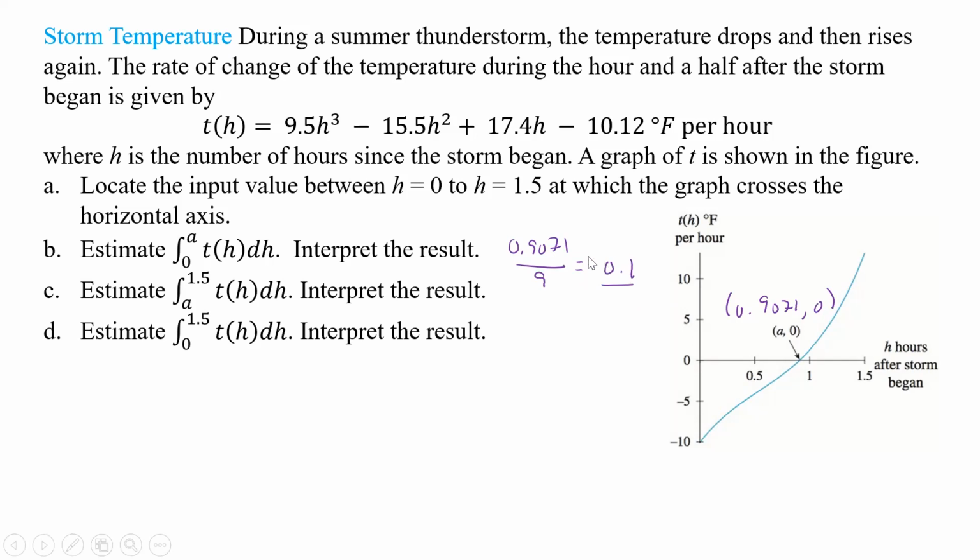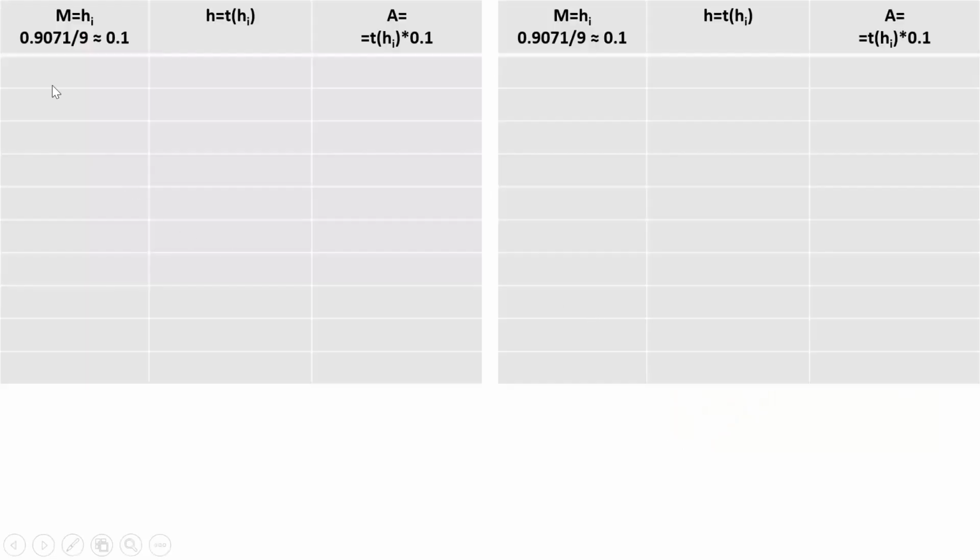So then what kind of sum should we use? I think midpoint is going to be the best because we've shown that midpoint is the best value. So I wrote that we're doing midpoint. We're doing it, again, by that 0.9071 divided by 9 is 0.1. And so 0.1 divided by 2, because remember, we're going from 0 to 0.1 and we're doing midpoint, that's going to be 0.05.